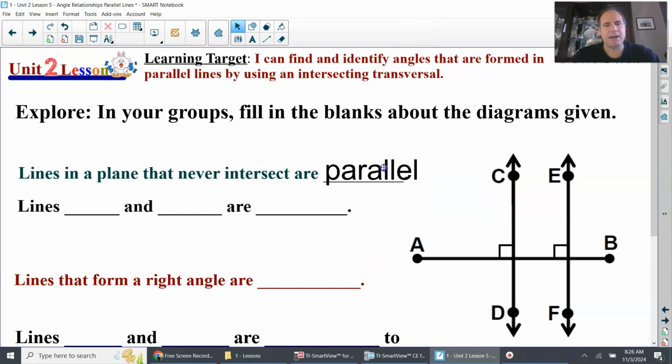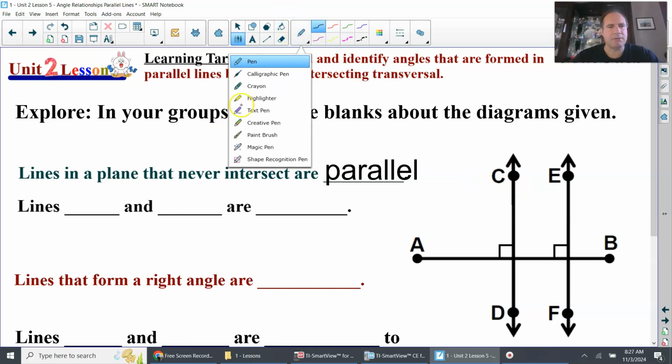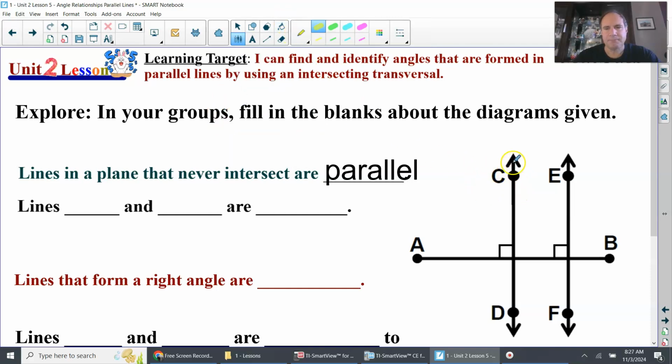All right, so lines that are parallel from the figure to the right, basically we're talking about CD. That is parallel to EF.